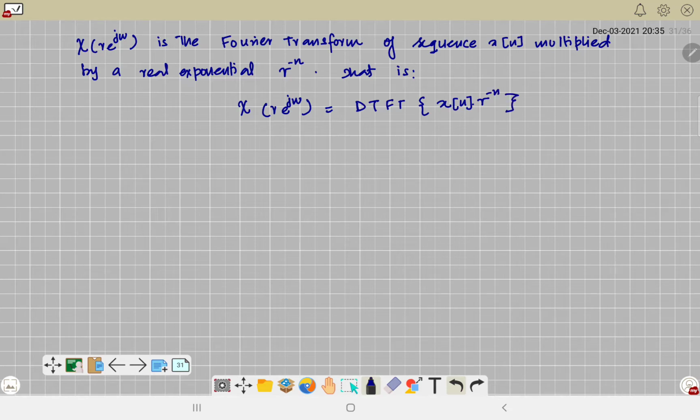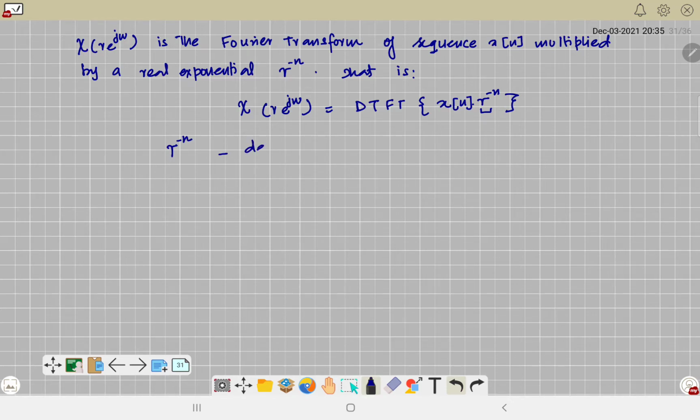Fine. So just like in Laplace transform where we had an additional sigma factor, here this is the additional factor, and it has the same effect that it improves the convergence property of your Fourier transform. Because this r raised power minus n is an exponential signal.